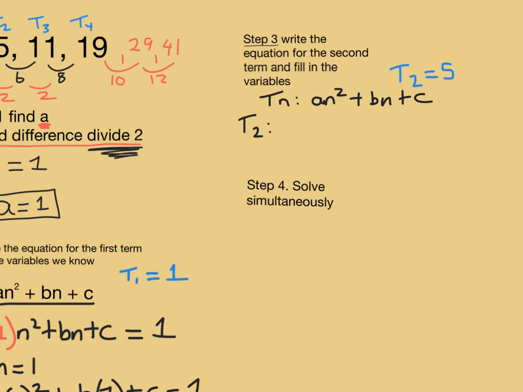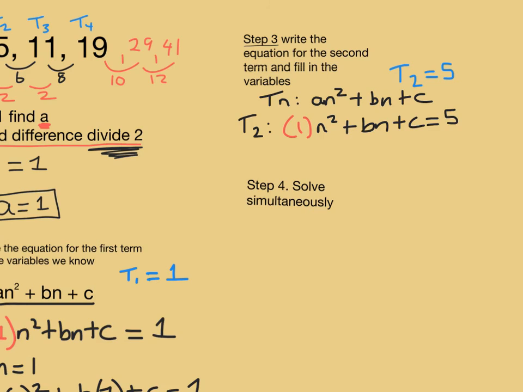T2 is equal to 5. So again, I'm going to just replace what I have. So 1, n squared, and later on you can skip some of these steps, plus c is equal to 5. I got the 1 from my a equals 2 divided by 2, which is 1.